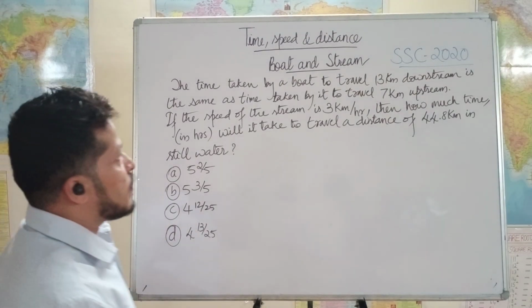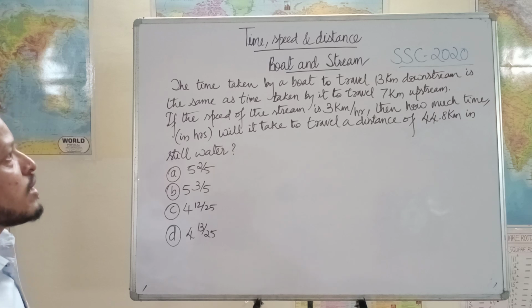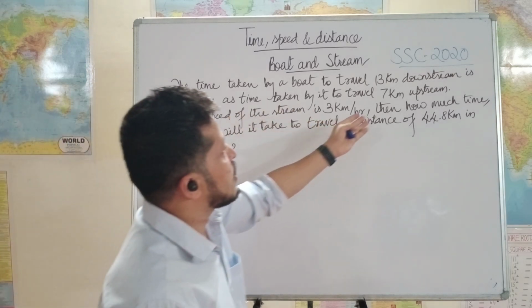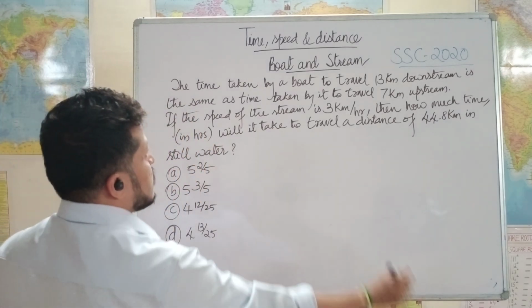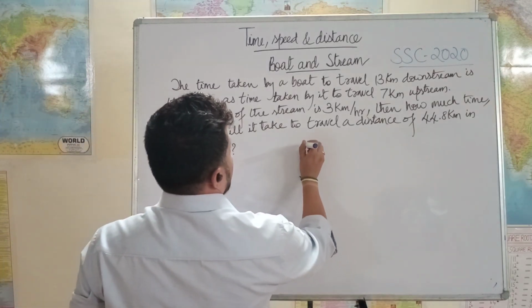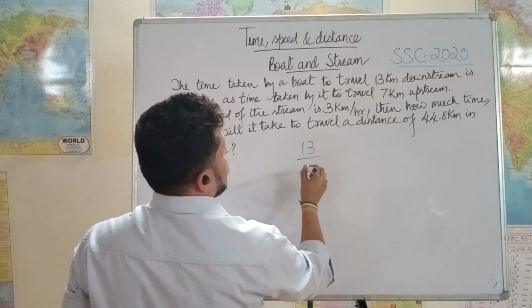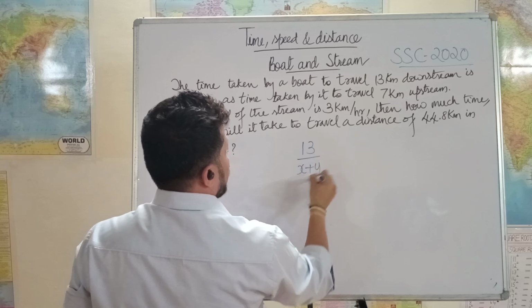We have an SSC 2020 question. The time taken by a boat to travel 13 kilometers downstream is the same as the time taken by it to travel 7 kilometers upstream. That means time is equal to distance by speed. Downstream speed is x plus y.